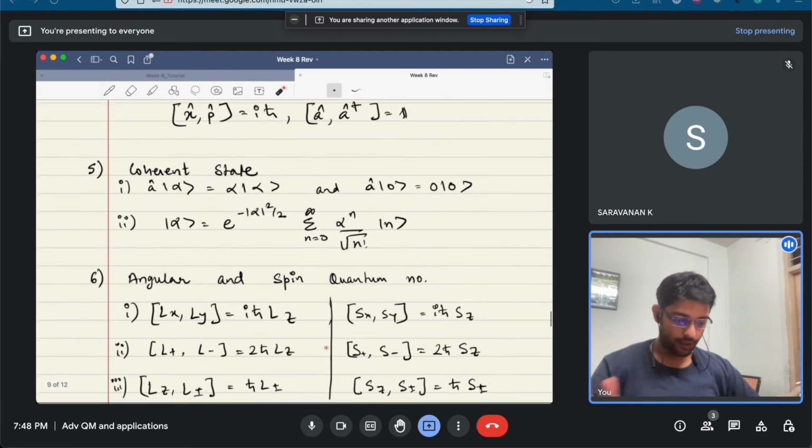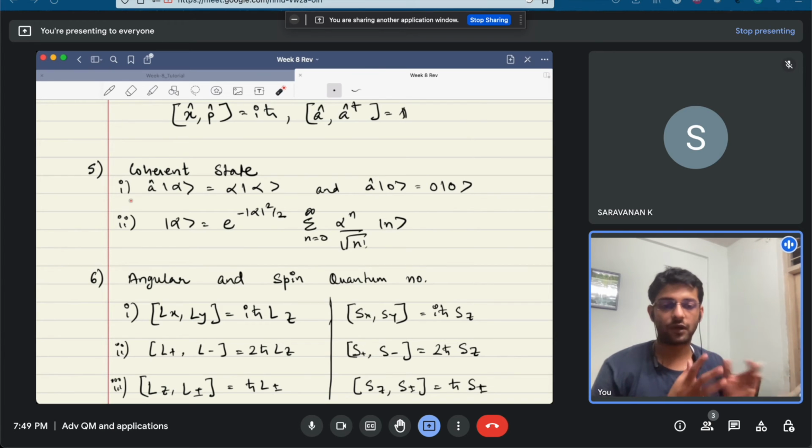Then we had the coherent state. The coherent state is essentially derived from the eigenstate of the lowering operator. One cannot really find the eigenstate of the raising operator, but through the eigenstate of the lowering operator you get a coherent state, which is what we essentially refer to as the most classical part in quantum mechanics.